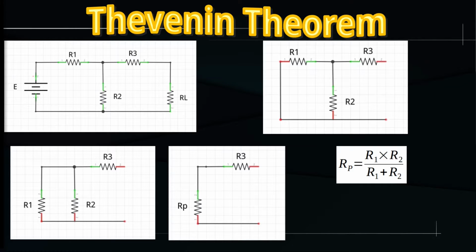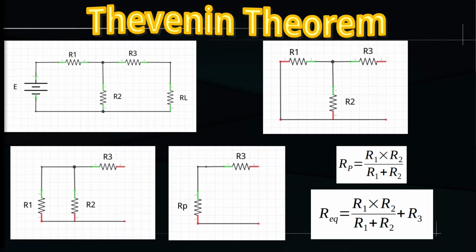The full resistance of a circuit R equivalent is now given by the series of Rp and R3, or basically their sum. And so, the Thevenin resistance R equivalent is given for this circuit by R1 times R2 over R1 plus R2, plus R3.